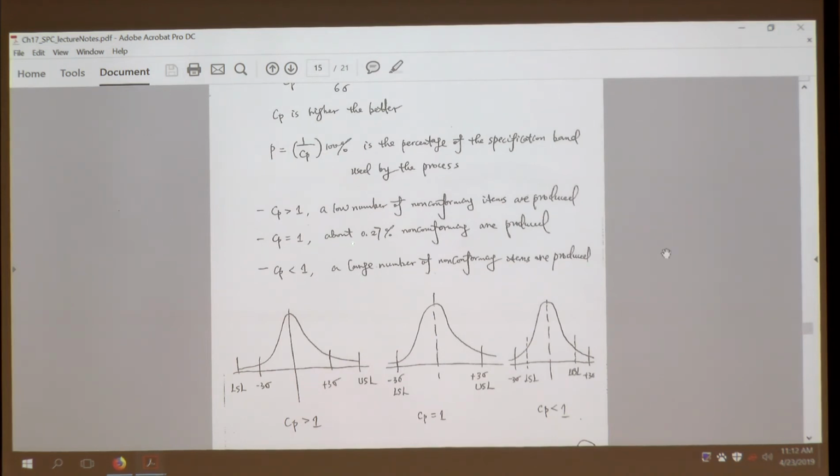When CP equals 1, about 0.27% non-conforming items are produced. When CP is greater than 1, a very low number of non-conforming items are produced. So this is CP, and 1 over CP times 100% is the percentage of the specification band used by the process.